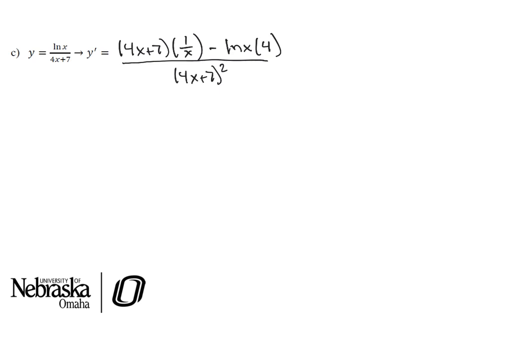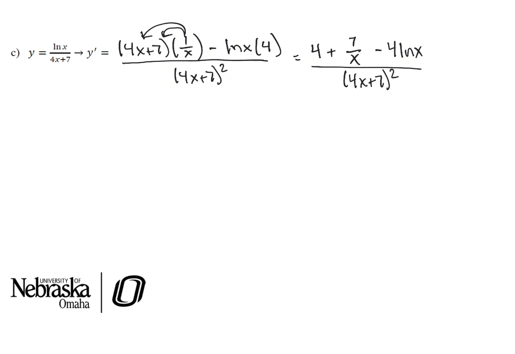So we can simplify this. We can distribute our 1 over x to each term here. We'll see if it helps. We have 4x times 1 over x is 4, plus 7 times 1 over x is 7 over x, minus 4 natural log of x. Again, we're just writing that 4 in front, over 4x plus 7 squared.